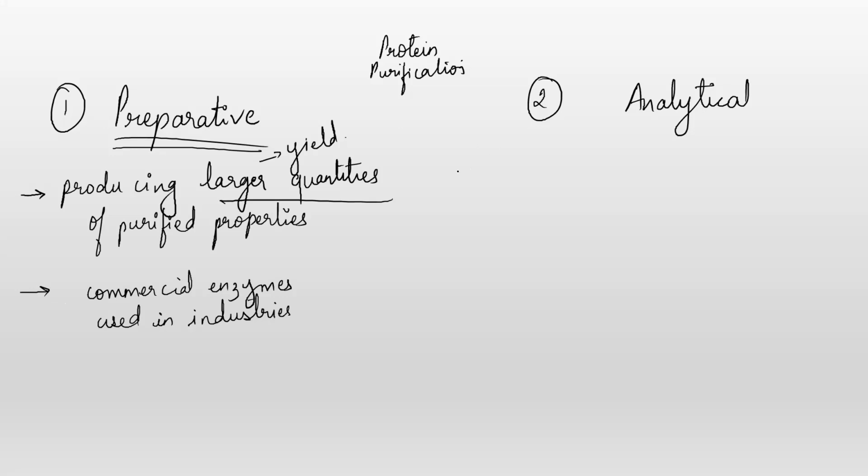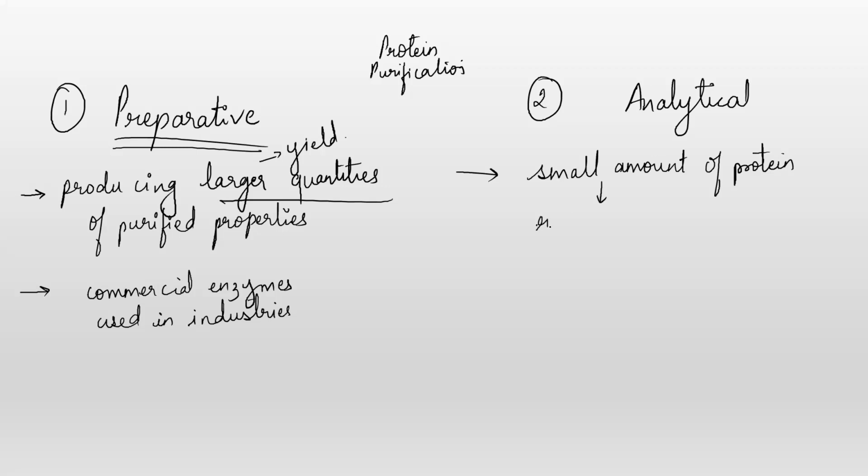Now, analytical does not require larger quantities. Relatively small quantities, a small amount of protein. The whole focus is to obtain some amount of protein; it does not need to be large. Why?